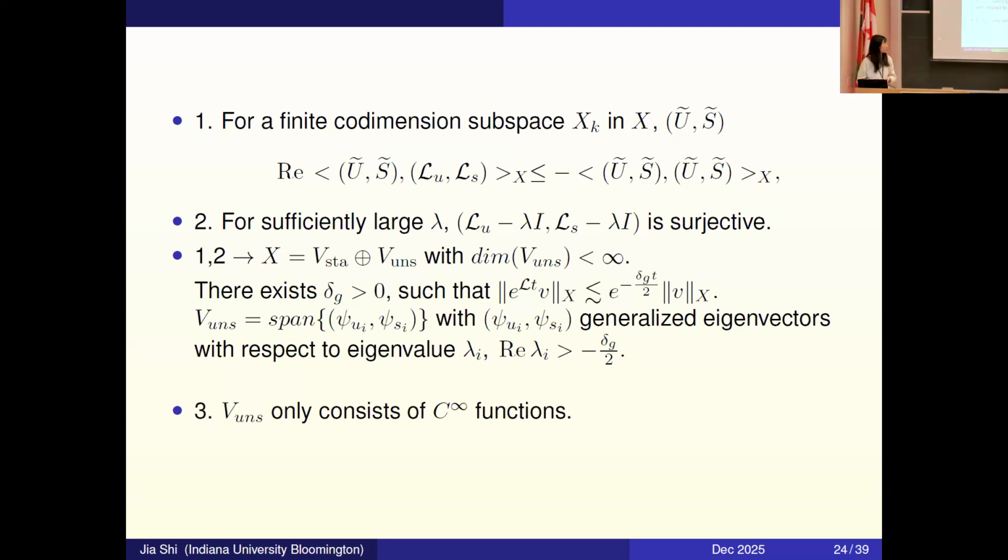The last one is that the unstable space only consists of C-infinity smooth functions, because you want to have a smooth blow up. And then you project the initial perturbation into the stable space, so the projection itself has to be smooth. So the unstable space should also be smooth as well. The most important part will be the energy estimate. We will talk about that in detail.